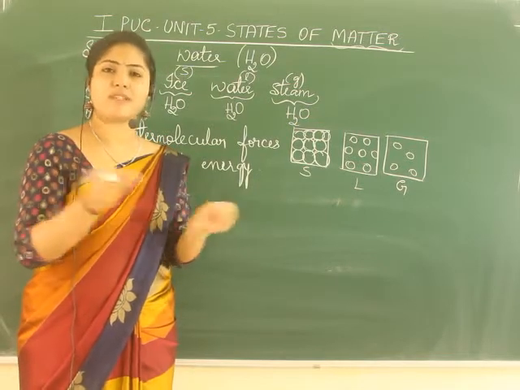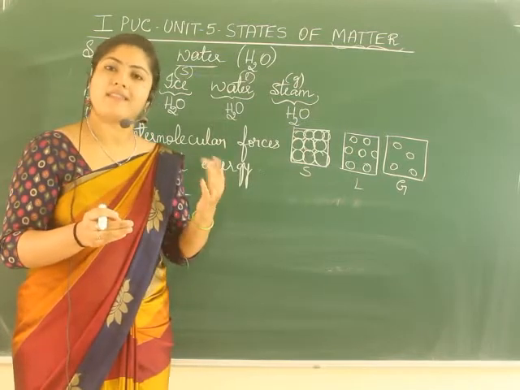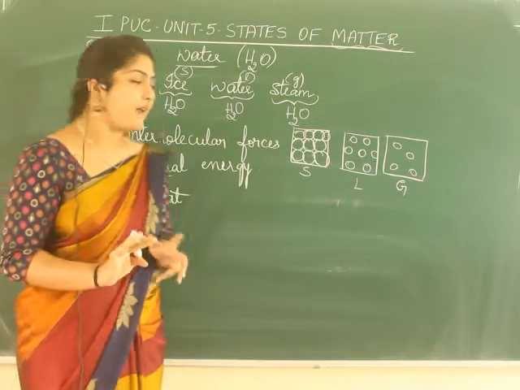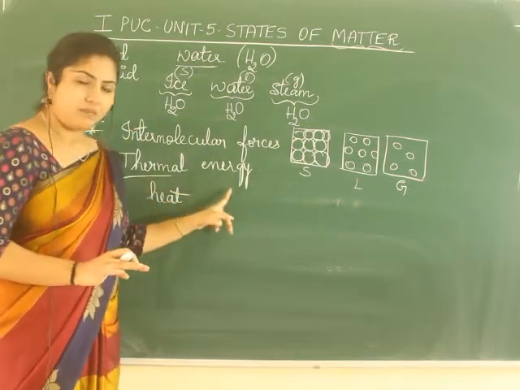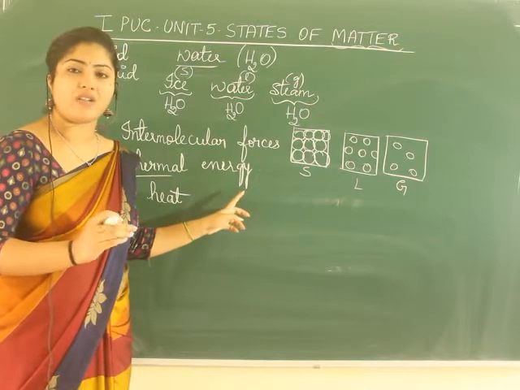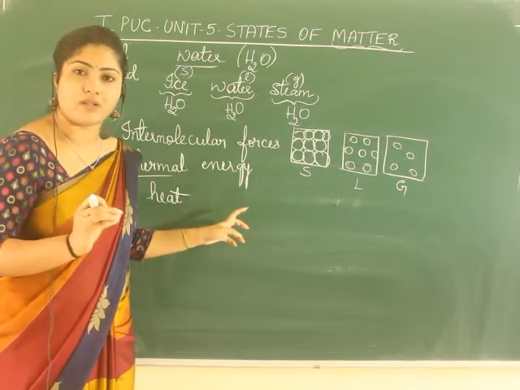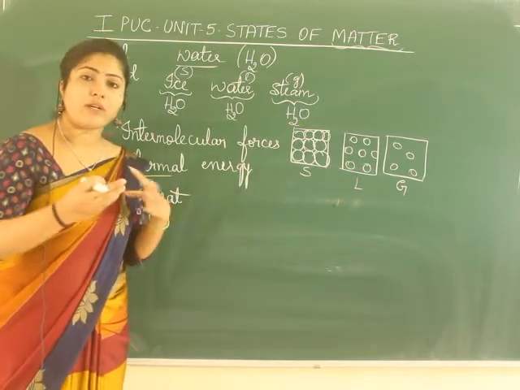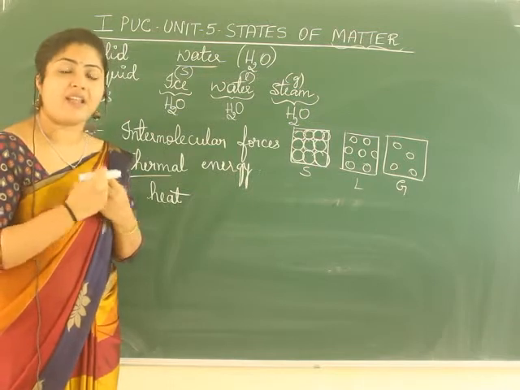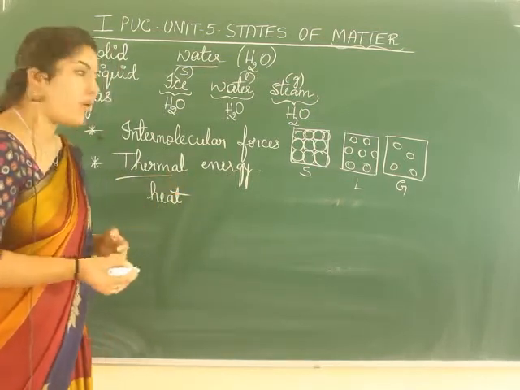When molecules move with slightly less speed, less heat, and if it is very weak, then far less. Thermal energy means the energy the molecule has due to its motion. That means due to the movement of molecules, the energy it possesses is called thermal energy.